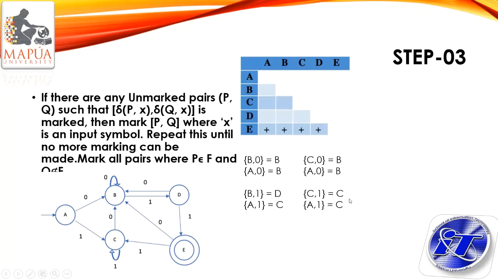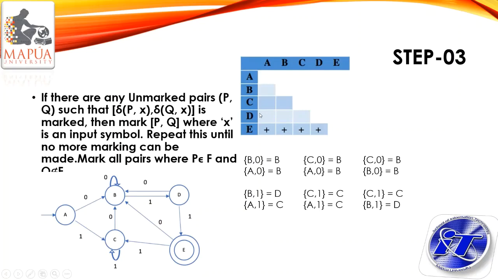Again, C at 0 will go to B, and B at 0 is still B. C at 1 is still C, but B at 1 is D. And CD is again not a marked cell, so we're not going to do anything on this combination of states.